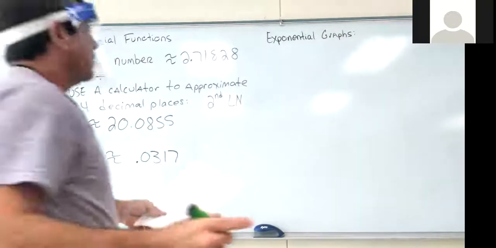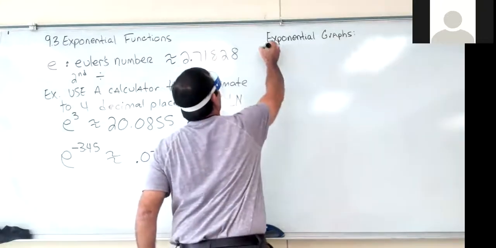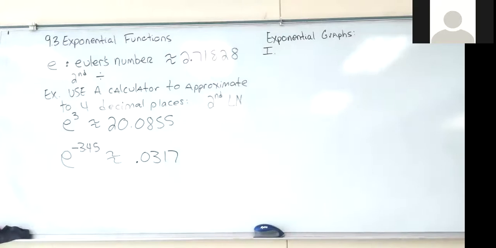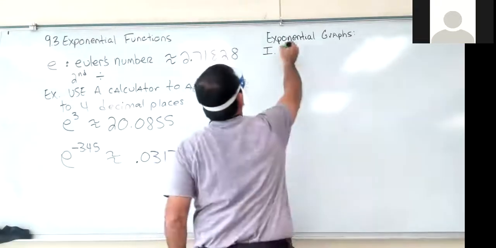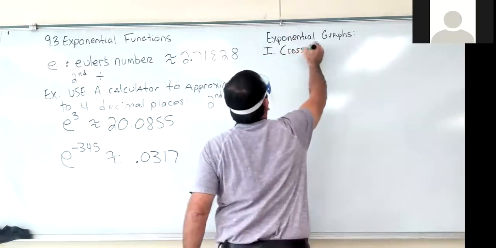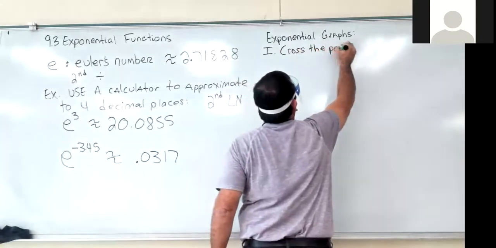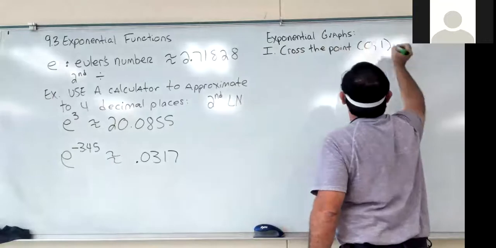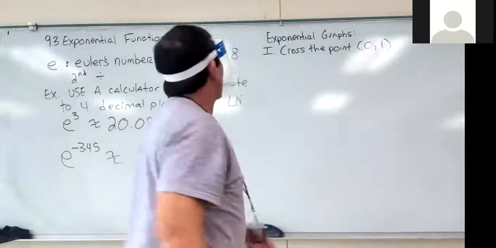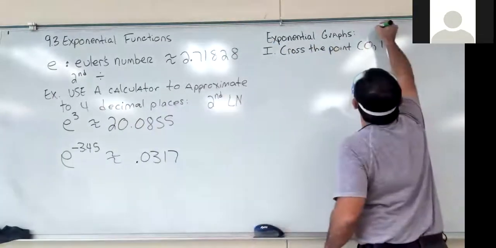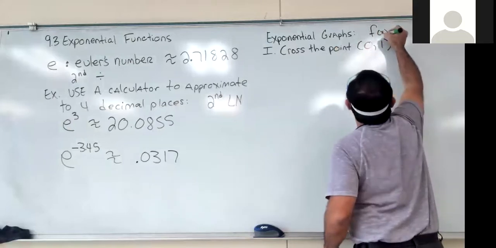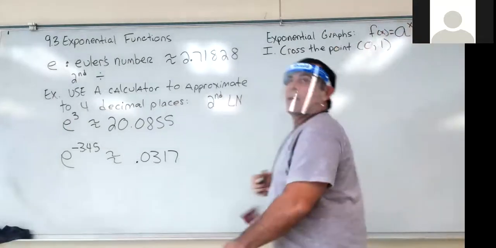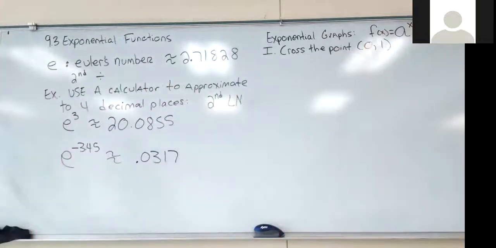All right, so first thing, all these graphs, they're going to cross the point (0, 1). Oh, let me put this up here. Exponential graphs will be in this form: f of x equals a to the x. So my variable is now going to be the exponent on these.